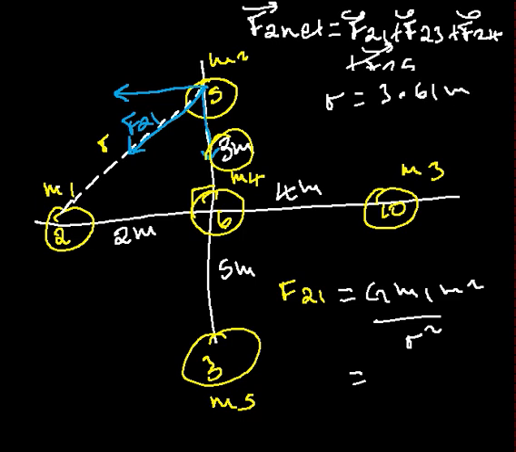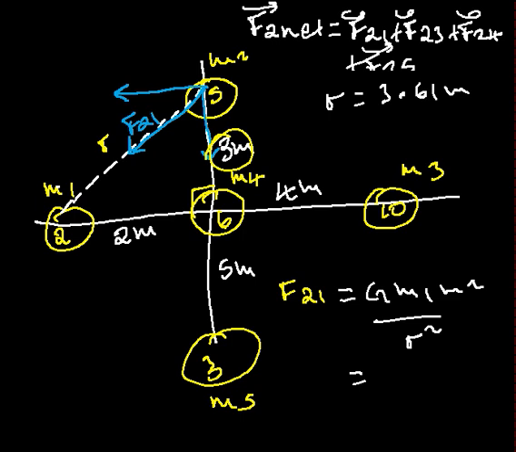So what is G? We have it as 6.67 times 10 to the power negative 11. Times the mass 1, that is 2, and the mass 2, we have it as 5.